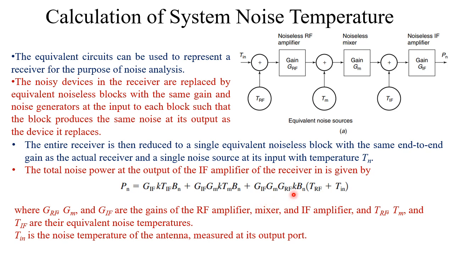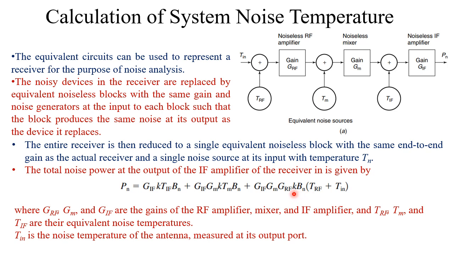And this noise, what is the input to this noise? Tin was there, at the same time TRF was there, right? So TRF plus Tin, this is the noise associated with this portion, right?